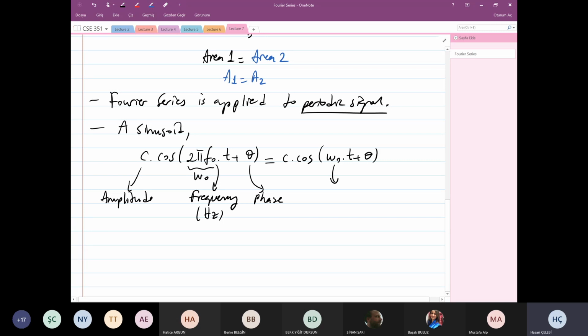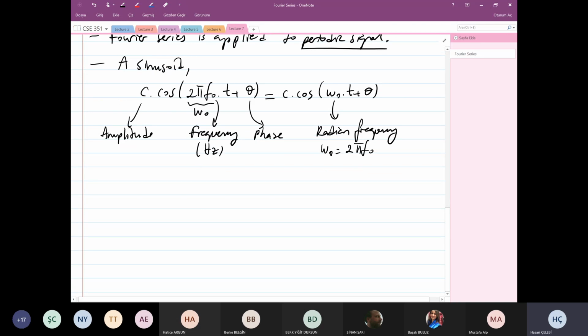This omega 0 is called the radian frequency. Omega 0 is equal to 2 pi f0. So this is the sinusoid.